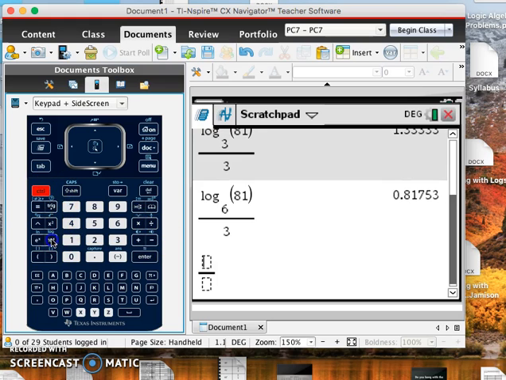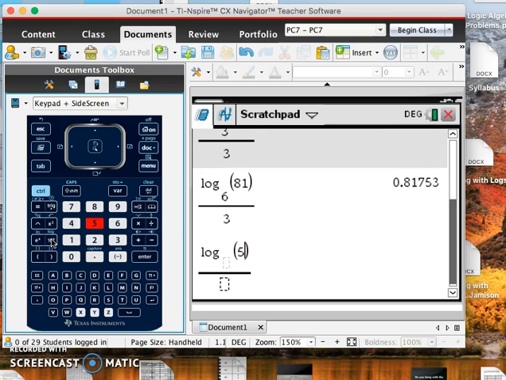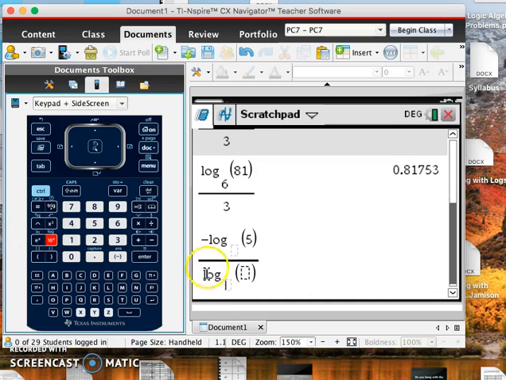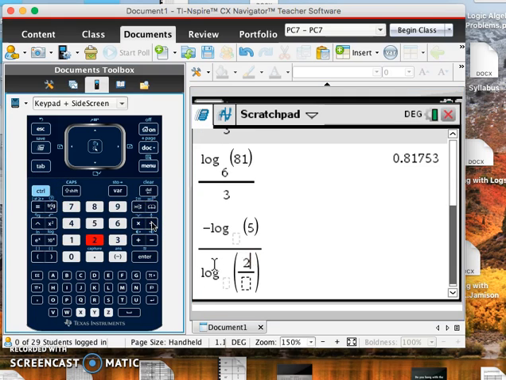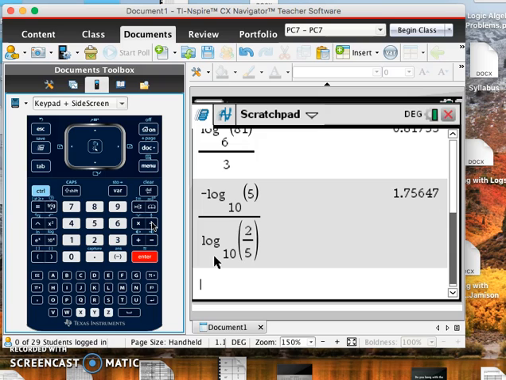Fraction, so log 5, but this one was negative, divided by, I don't know if I can just write it in. I'm not sure if that's going to work. I better use the log key. Log of 2/5, and we have 1.75.